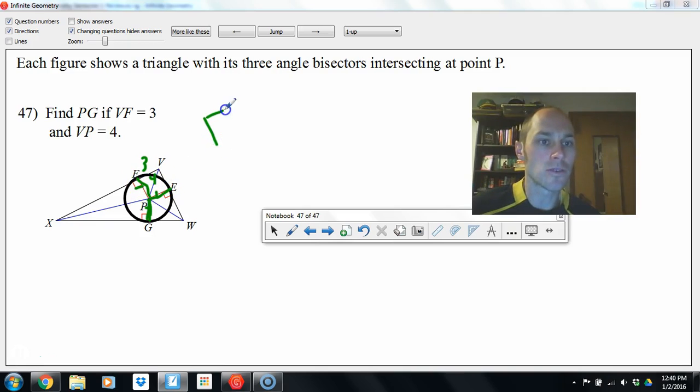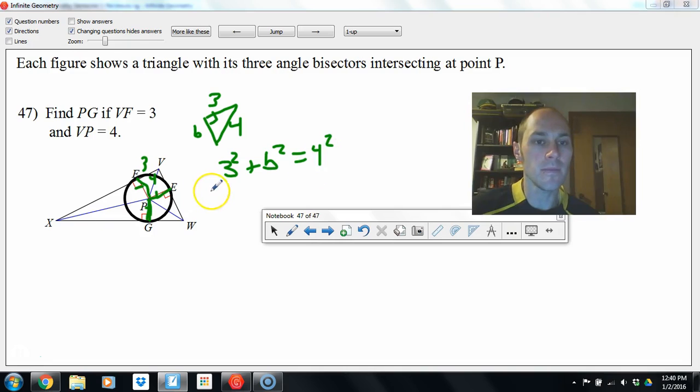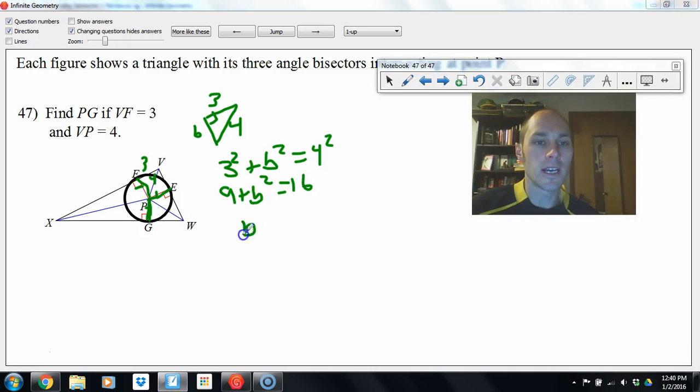So if I've got that triangle, VF is 3, PV is 4, I just need to find FP. So once again, I can use Pythagorean theorem. 3 squared plus B squared equals 4 squared. So I get 9 plus B squared equals 16. Subtract 9 from both sides.